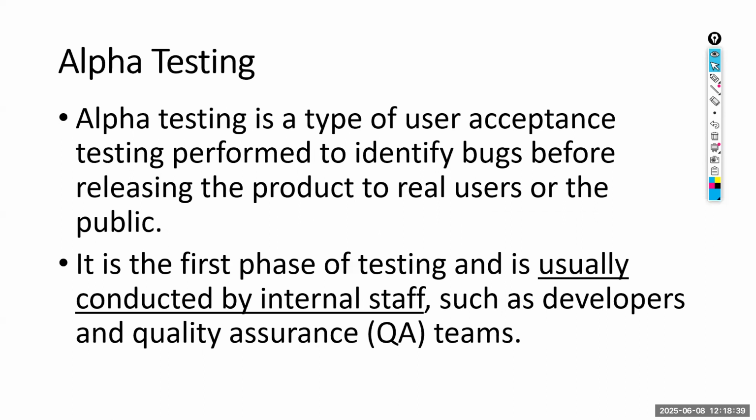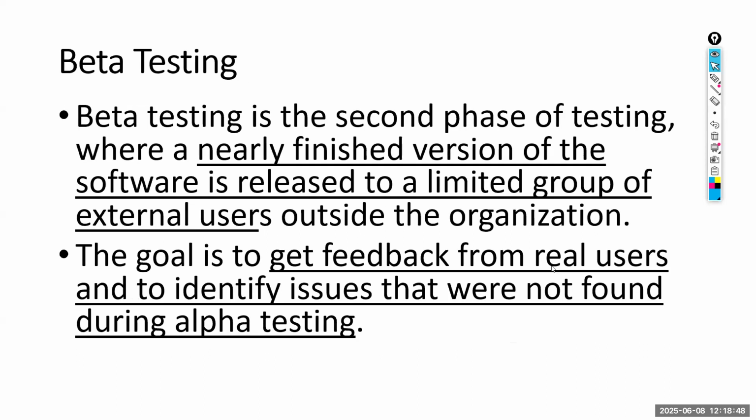So alpha testing sometimes we conduct by internal staff also, but thinking like end users. But beta testing, because this is nearly finished now, we are very confident, but still not officially released. So we can ask the end users to test it or use it in informal settings and give feedback.